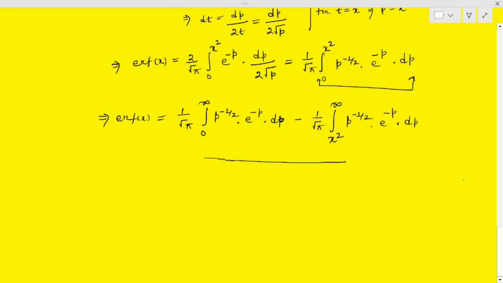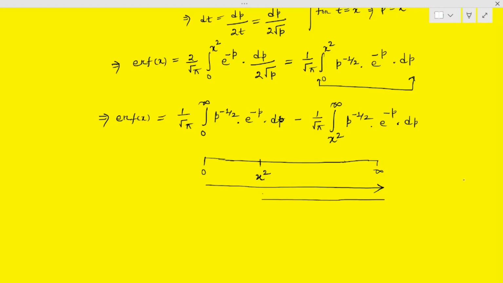You draw this figure in your note itself. Here this is 0 and this is your infinite, suppose. We want 0 to x square. Suppose somewhere this point is your x square. So here 0 to infinite, this is the whole distance, and if I subtract the distance from x square to infinite from the whole distance, then I can find 0 to x square, this distance.